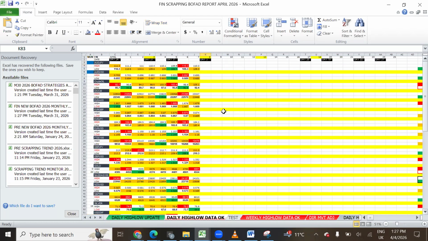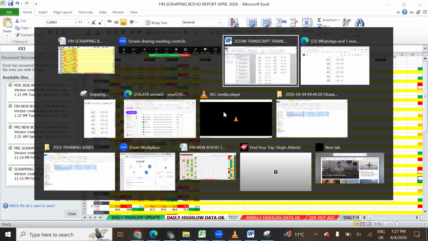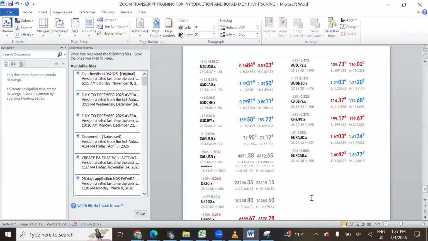So coming to the MQL, here we have the AUDJPY.